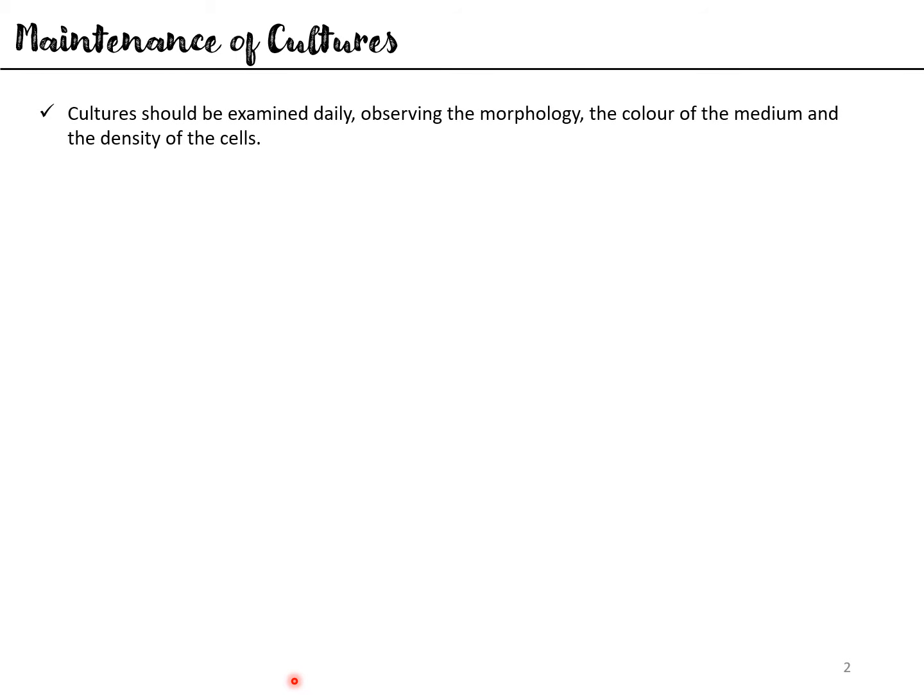Maintenance of cell cultures. Cultures should be examined daily, observing the morphology, the color of the medium, and the density of the cells. The morphology, as you observe it under the microscope, would be indicative of the health of the cells. If your cells are healthy, then they should have a certain specific kind of morphology, depending on what cell type it is.